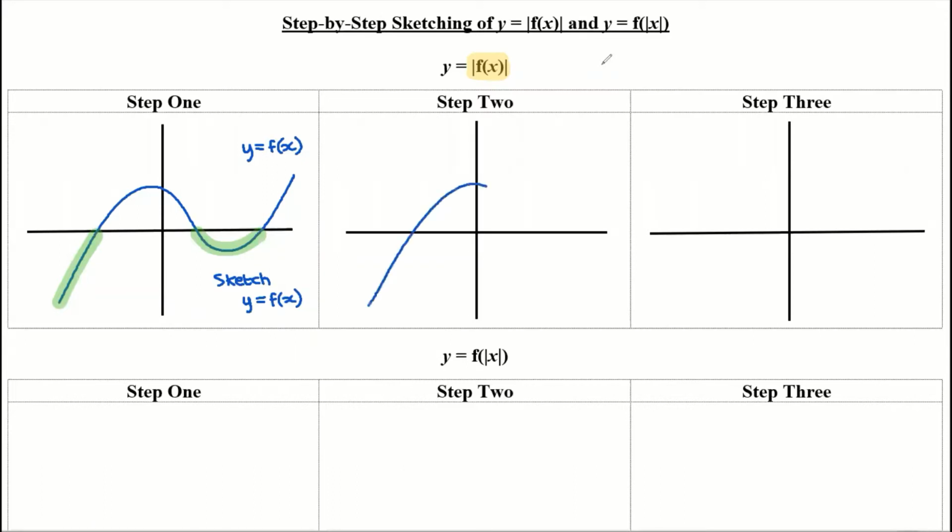So it's going to do something like this. Okay, so those negative branches, I'm just going to reproduce them. And so these parts here, so this negative part here, because they're negative, the modulus kicks in. So they are going to be reflected in the x-axis.